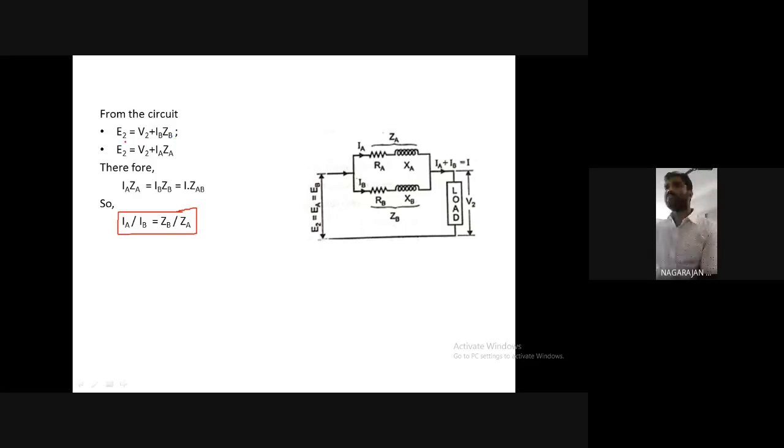From the circuit, E2 is the EMF induced in the secondary, which is given as V2 plus the voltage drop. Since these two are in parallel combination, E2 will be the sum of the output voltage plus the voltage drop across transformer A as well as transformer B. Both of them will be equal. So this much current is shared by two transformers connected in parallel.